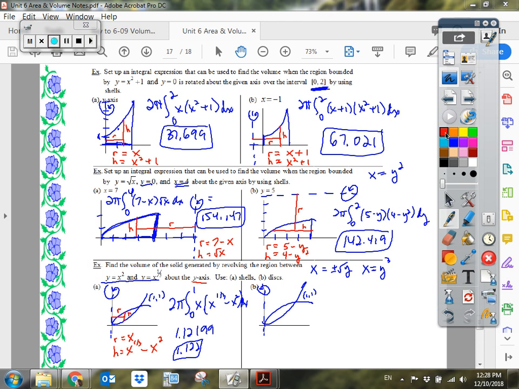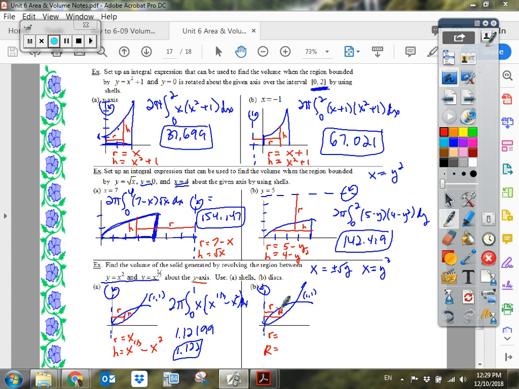Little r is measured from the axis of rotation to the underside of the figure. Big R is measured from the axis of rotation to the outside of the figure. So let's write little r and big R. For little r, we want to think big minus little.